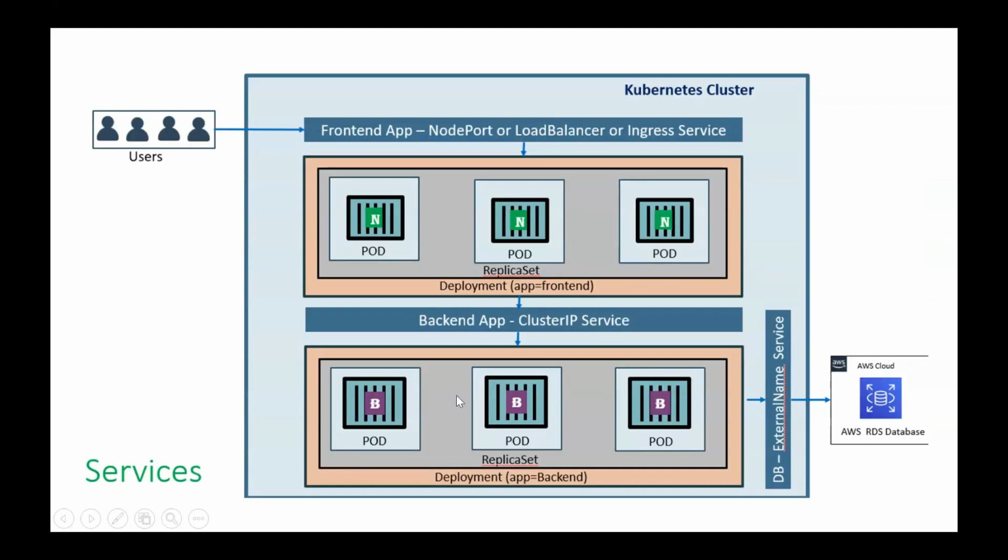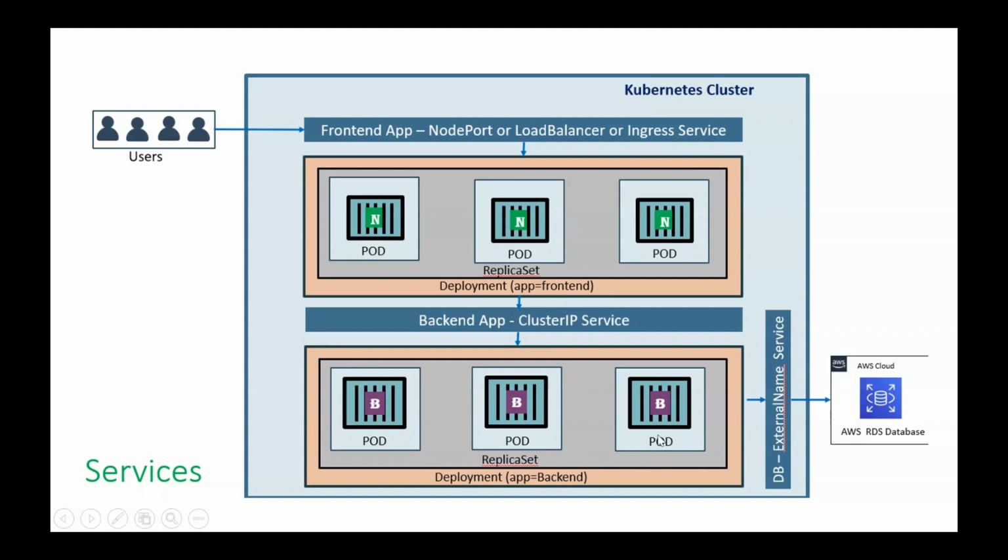Okay, let's move ahead. You can see the diagram here. This is my Kubernetes cluster, and inside that we have all the resources created, like deployments. We have a deployment for the front-end app and one deployment for the back-end app.